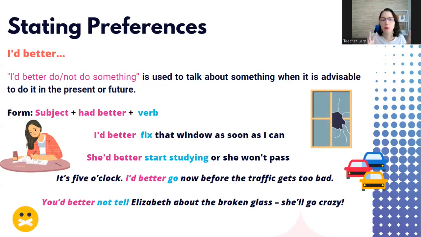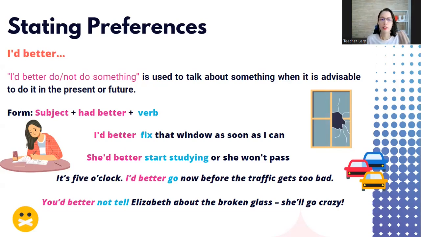So the person will face a bad consequence of not doing something. Okay? And should is just to give a suggestion, advice, okay? But with no bad consequences involved in the situation, okay? So had better is a stronger advice, okay?